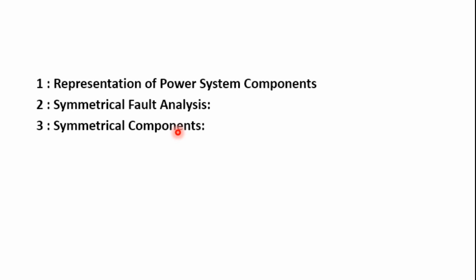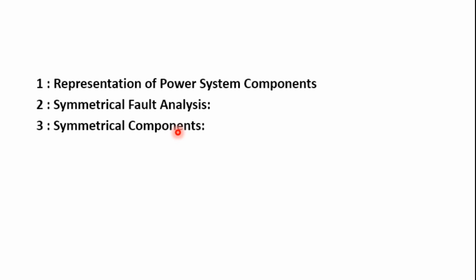That's why a scientist discovered that unsymmetrical conditions can be resolved with the help of symmetrical components. According to the Fortescue theorem, any unbalanced polyphase system of n related phases may be resolved into n systems of balanced phases. We call them symmetrical components or the sequence components of the original phases.